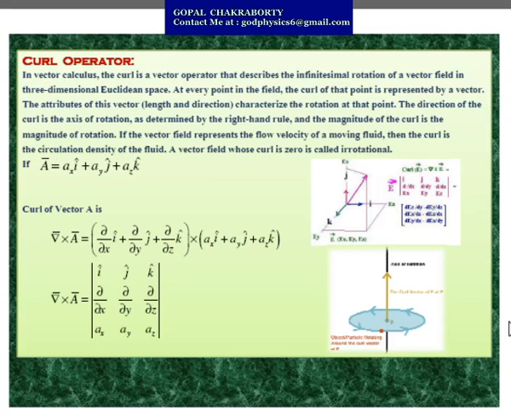If the vector field represents the flow velocity of a moving fluid, then the curl is the circulation density of that fluid. A vector field whose curl is 0 is called irrotational.